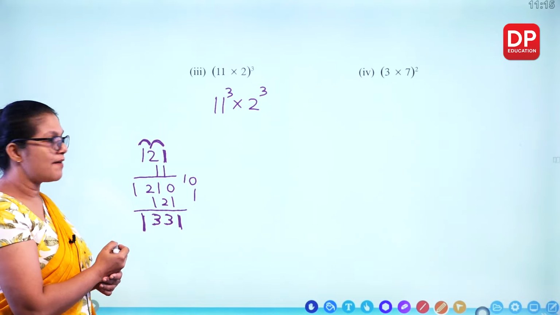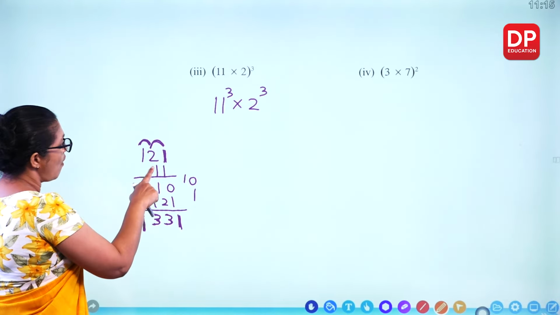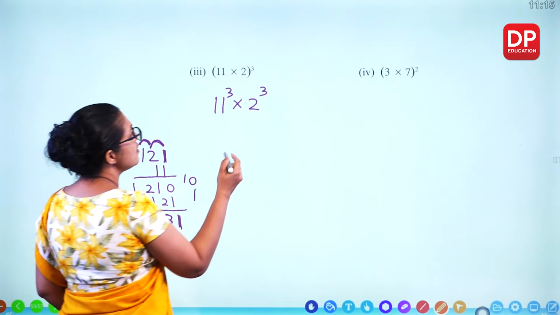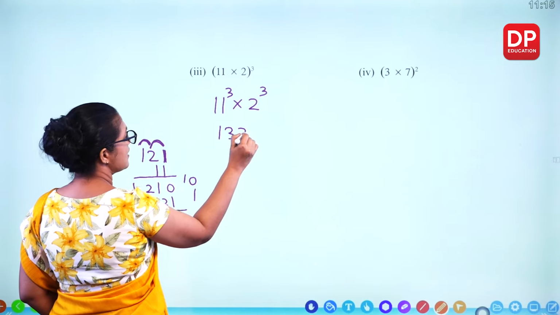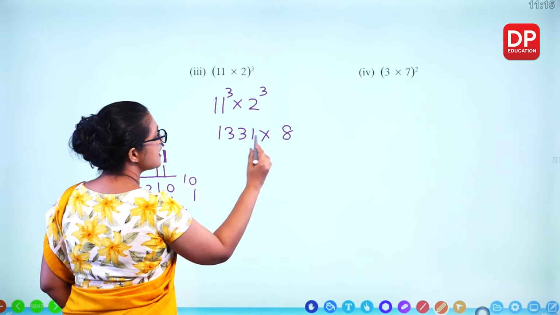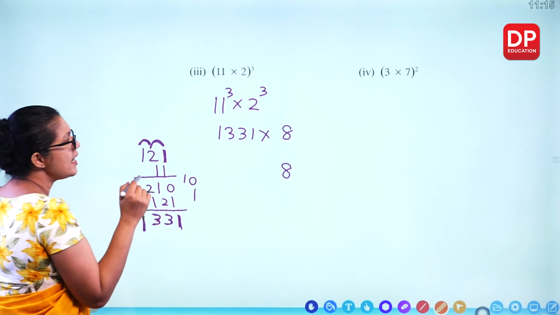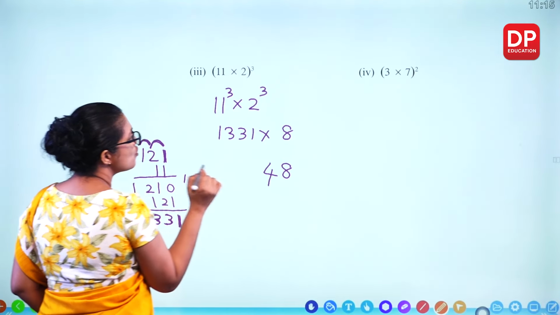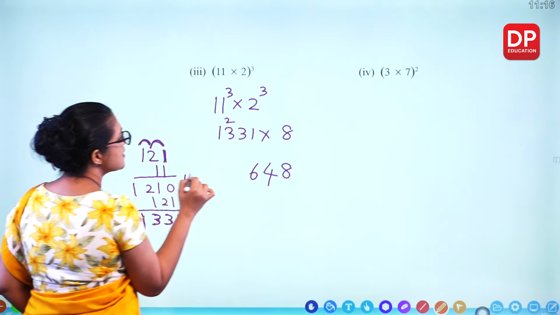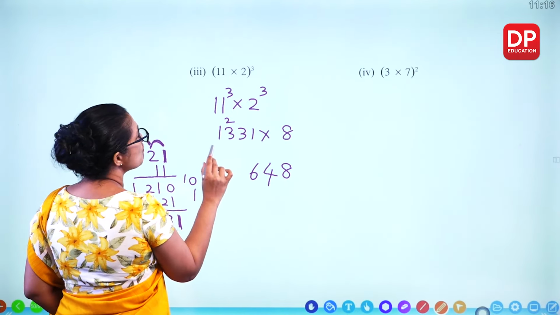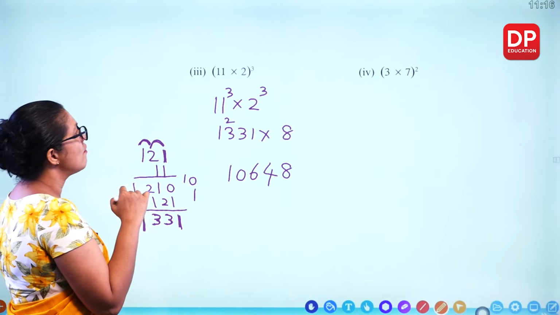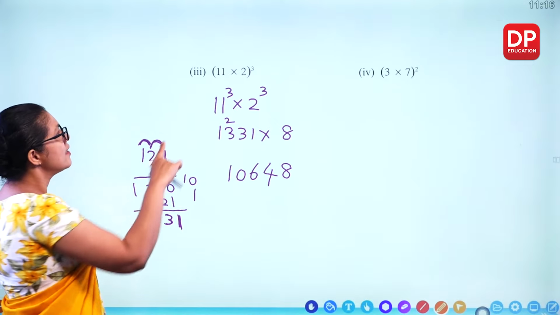So 11 times 11 or 121 times 11. When you multiply by 11, you can use the short method. So 1331 times 8. So multiply. 8 times 1, 8. 8 times 3, 24. 2 remaining. 8 times 3, 24 plus 2, 26. 2 remaining. 8 times 1, 8 plus 2, 10. So 10,648.